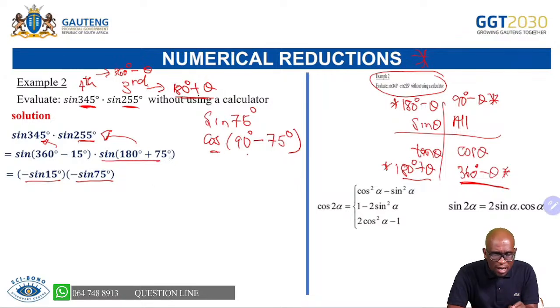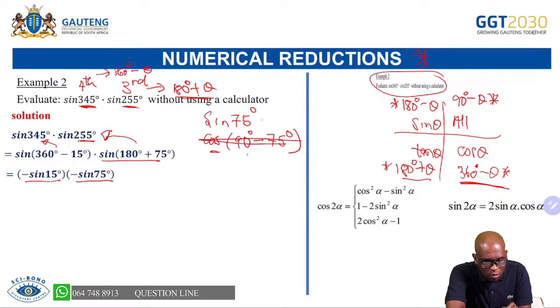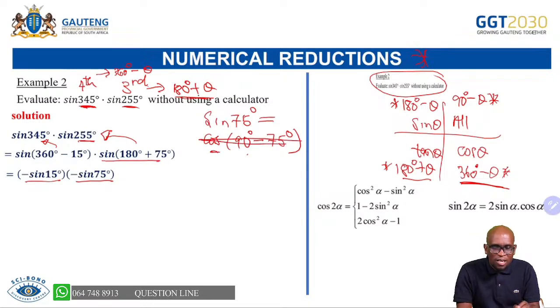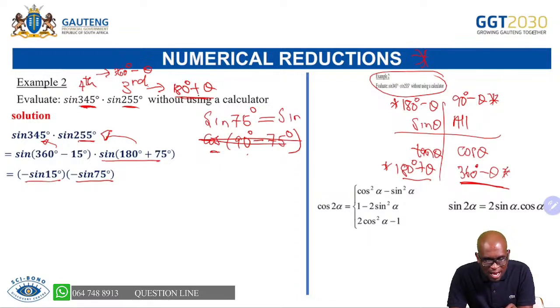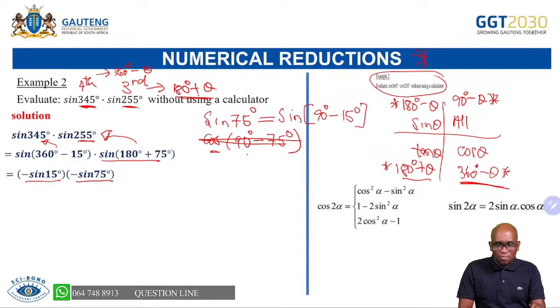So we can actually write down the sine of 75 there as the sine of 90 degrees minus 15.